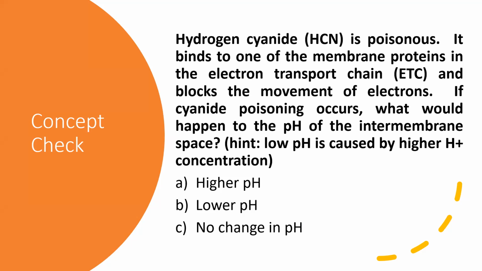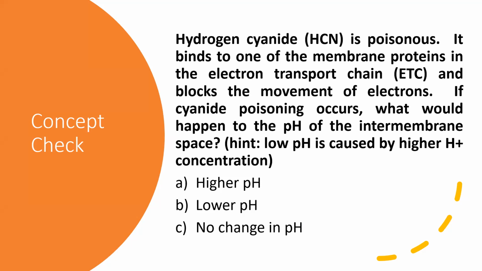It binds to one of the membrane proteins in the ETC and blocks the movement of electrons. If cyanide poisoning occurs, what would happen to the pH of the intermembrane space? Hint: low pH is caused by higher H+.